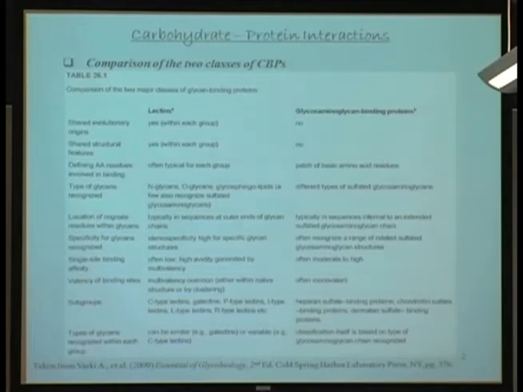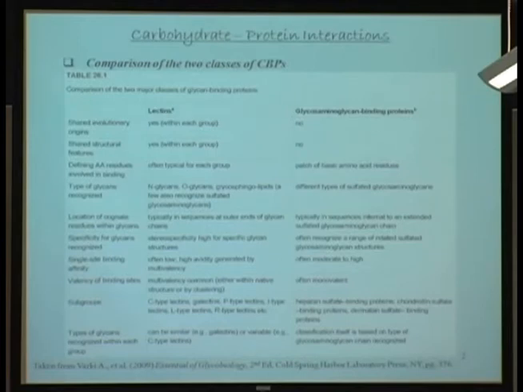If you look at the type of glycans that are recognized, then obviously lectins recognize neutral sugars. Some of them do recognize sulfated sugars, and lectins also recognize sialic acid containing molecules, as Kubi said, a terminal residue. And these recognize GAGs, sulfated GAGs. For the most part, the recognition domain is the sequence at the end of the glycan chain.